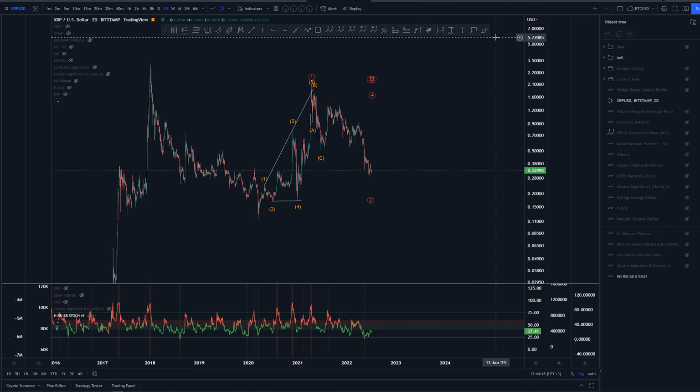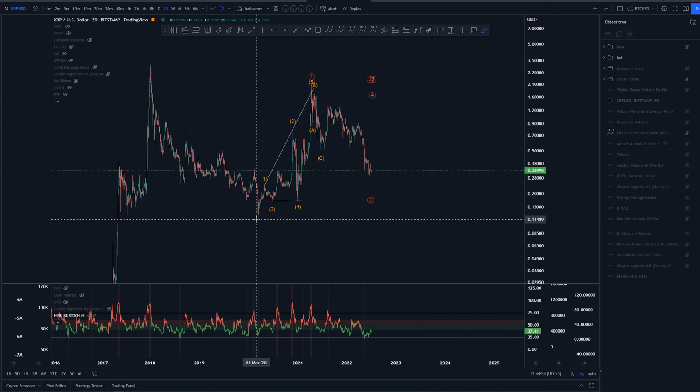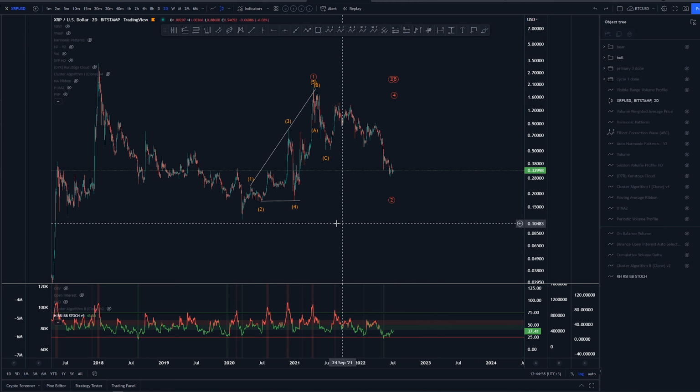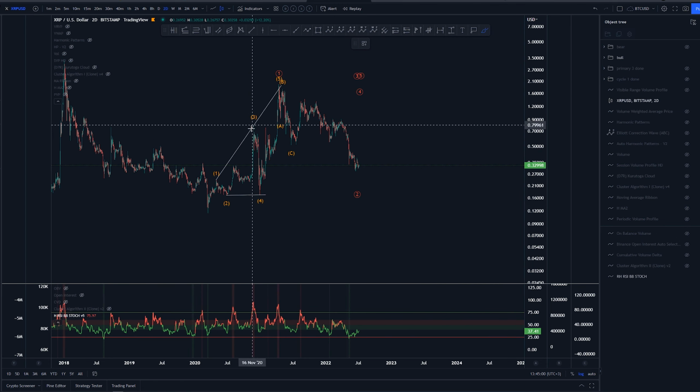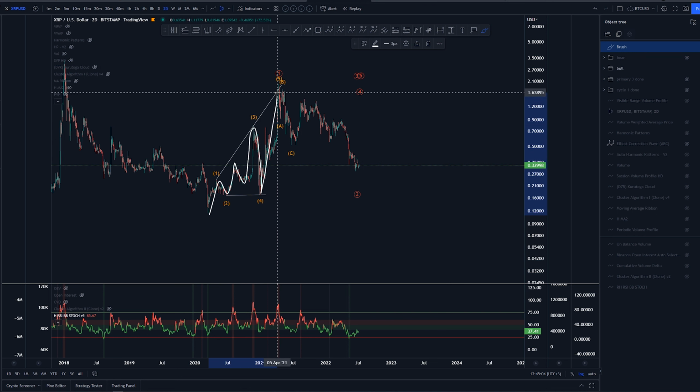The bullish case did have that possibility of having this as a three-way move and ending something here around that 11.4 cents area. At this point, we don't have many choices for the bullish counts, as we have very overlapping structures here.